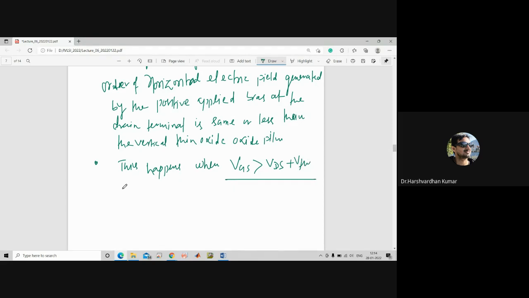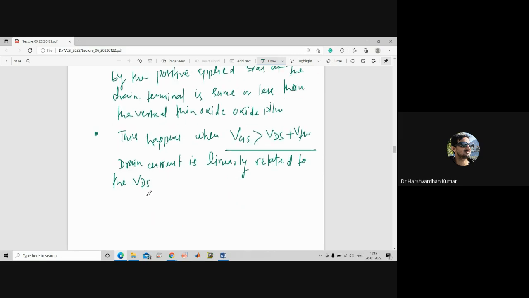Drain current is linearly related to the drain to source voltage, that is VDS, over small intervals in the linear bias state.